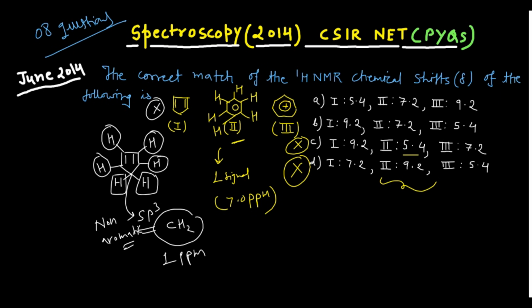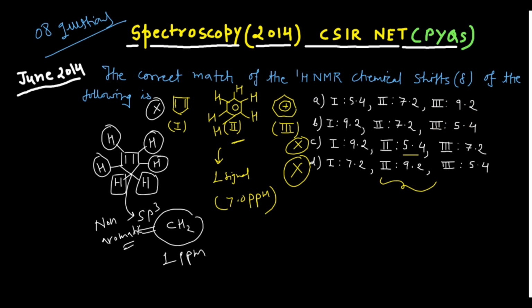So when you compare your benzene and your tropylium cation, the hydrogens of the tropylium cation would have the most downfield chemical shift. So you have to look at where the third compound has the highest downfield shift. This is option A, and this is compound 3, which has the chemical shift of 9.2. This is option B, this is compound 3, and the chemical shift is 5.3.